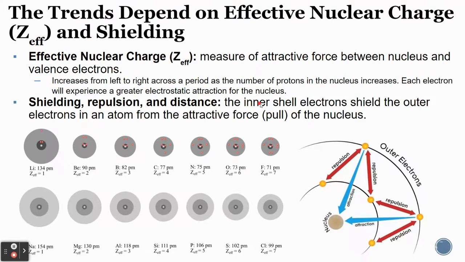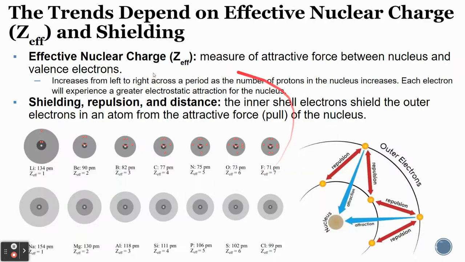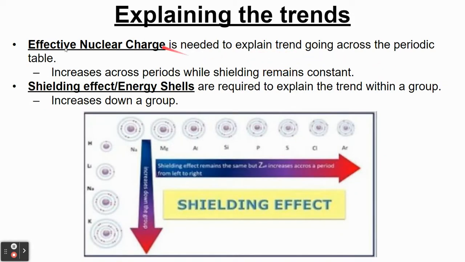So all the trends that we're going to study that we listed over here, for example, can be explained using the concepts of effective nuclear charge, shielding, repulsion, and distance as well. So again, effective nuclear charge explains trends going across a period. Generally, the effective nuclear charge is going to increase from left to right, and shielding typically stays constant within a period because you're not changing the number of shells.